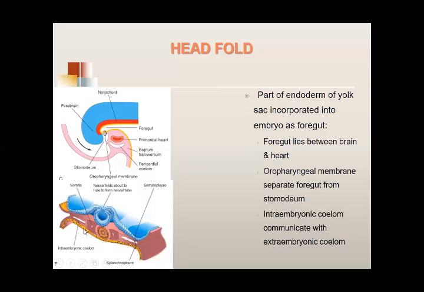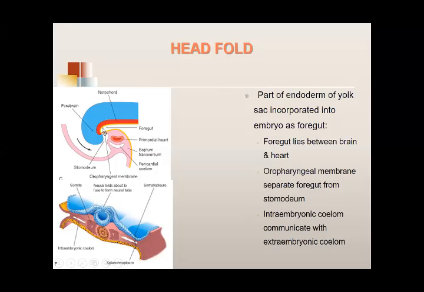When it is incorporated in the embryo, it develops into foregut. So you can see the foregut over here is lying between the developing brain and the developing heart. And this is the stomodium, the developing mouth, and this oropharyngeal membrane separates the stomodium from the foregut, the cranial part of the foregut.